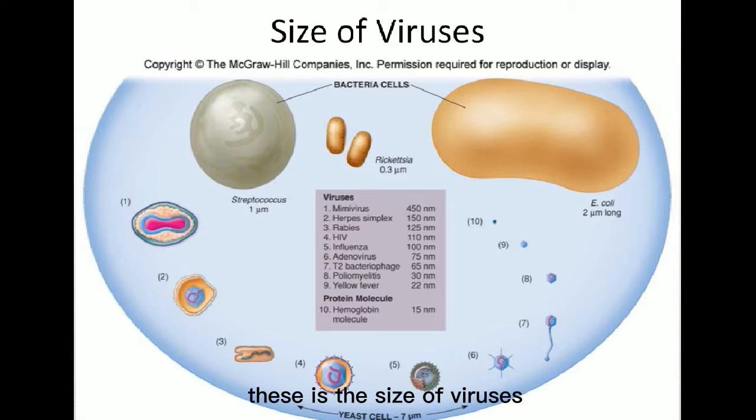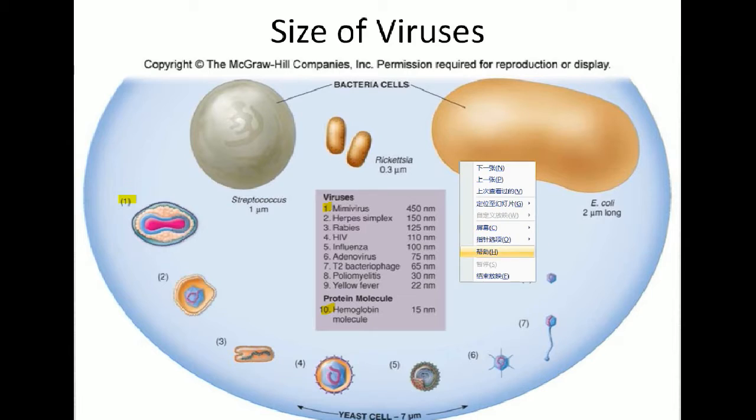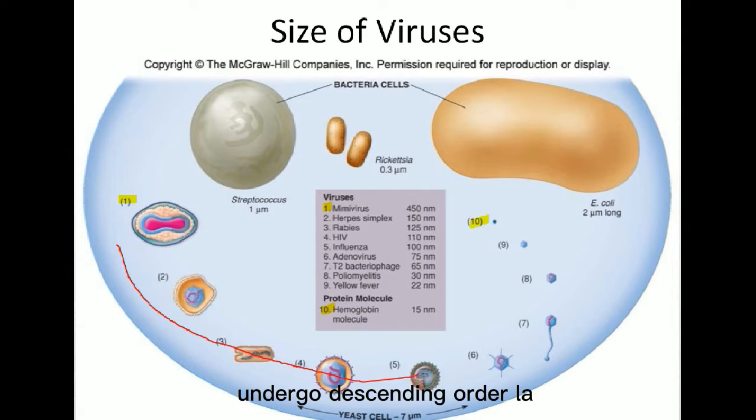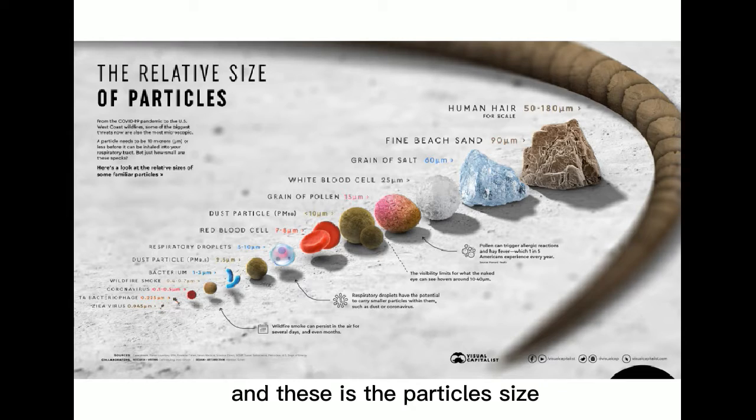And this is the size of viruses and the comparison. As you can see, the first one is this one and the last one is this one, in descending order from the big one to the small one. And here is the particle size.